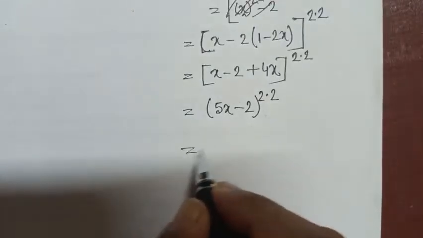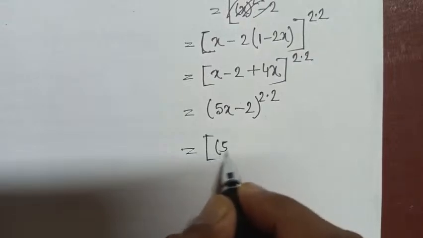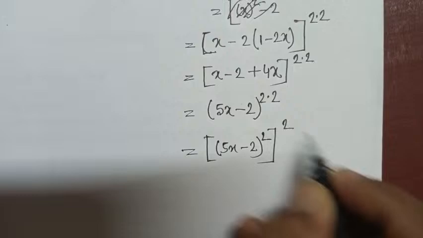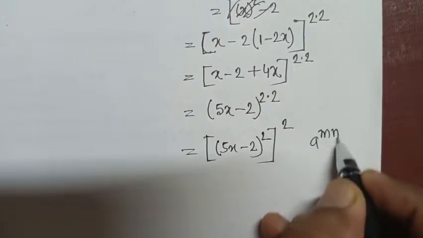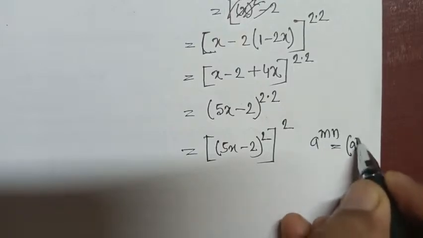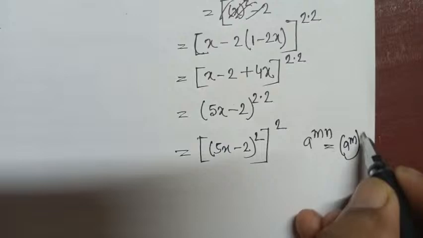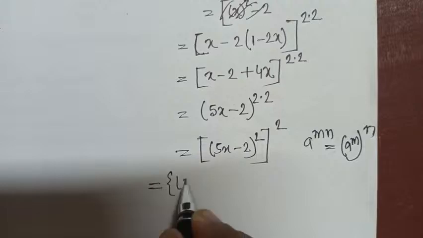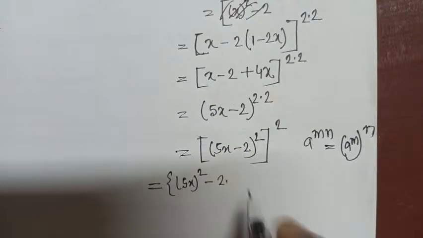So now we can write this 5x minus 2 square. We know a to the power mn is equal to a to the power m to the power n. So if we break this, we get 5x square minus 2.